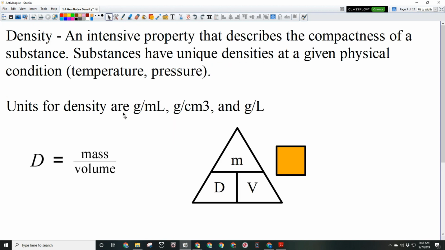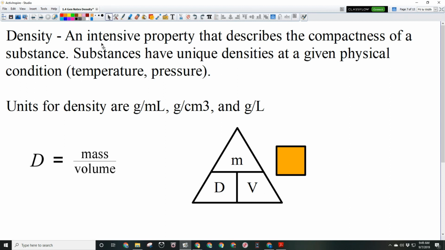All right, now all of this we've just talked about brings us to what we're going to talk about in our homework for this section, which is density. Okay, density. Density is an intensive property. All right, so let's go back and review. Intensive property does not depend on how much you have. It's still going to stay the same.